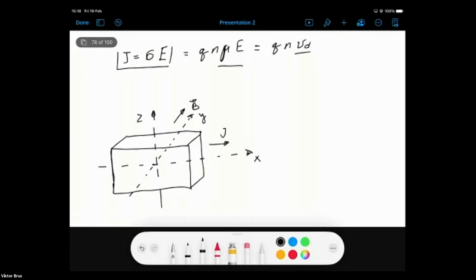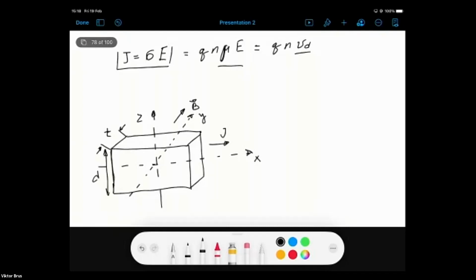The height of this conductor is D, and you can also define the thickness of this conductor, which is T.